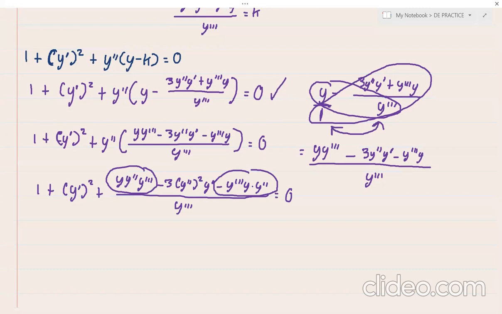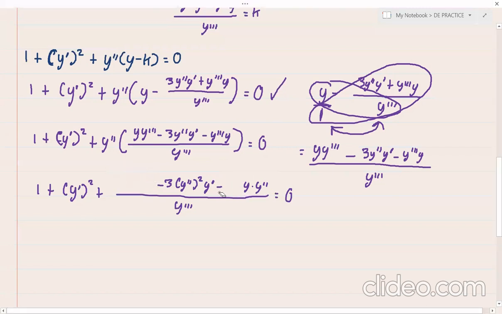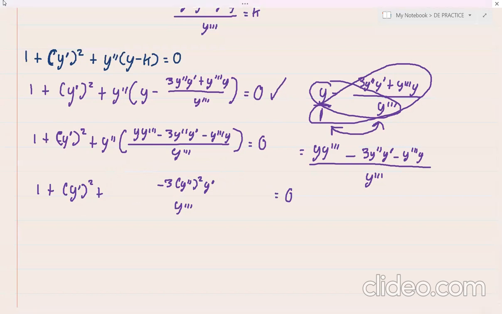So ano mangyayari pag kinumbine natin sila? Both of them will be canceled out because if you're going to add them together, magiging 0 yan. So therefore, mawawala na to. Okay? Ang matira na lang ay si negative 3 times y second prime squared times y prime. Yan na lang ang matitira nating sagot.